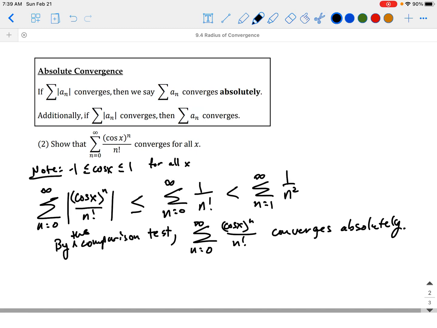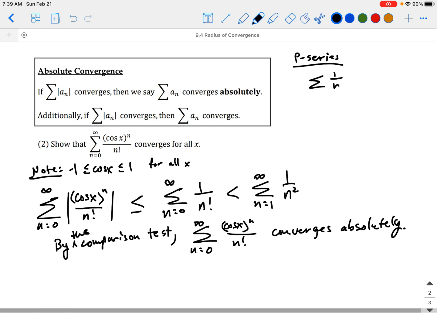And I guess I should add here the p-series test, which I'll prove maybe in a separate video. But the p-series test uses what we call the integral test, which is if an integral can be used to bound a sequence of terms and it converges as an improper integral, then the series will converge as well.